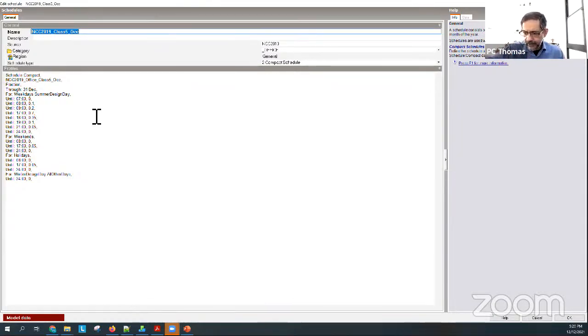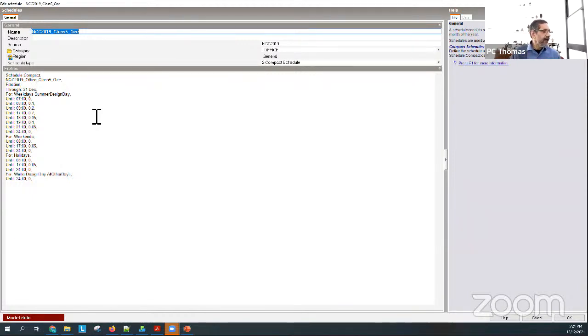Now that's not very good. Why it's not good is because when you're doing a design occupancy, you want to make sure that there's 100% occupancy in the space, so that if the space was occupied to its full design capacity, your air conditioning system would be able to take care of that.